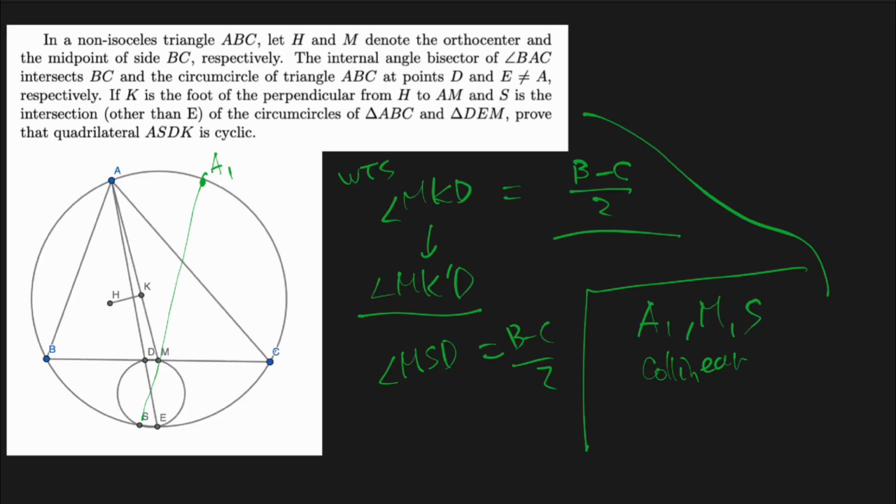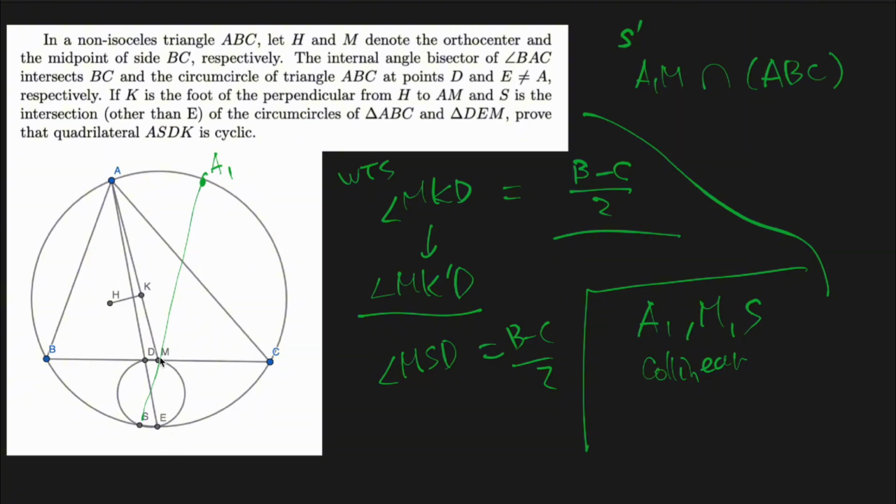There are probably multiple ways you can do the angle chasing, but I think the most intuitive and straightforward way is to use a method of false positioning. And I'll show what that means. For example, if we define S prime as the intersection between the line A1M and the circumcircle of ABC, all we have to do is to show that S prime lies on the circumcircle of DME.